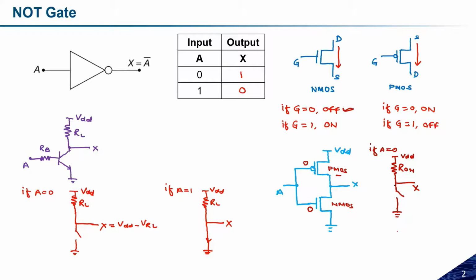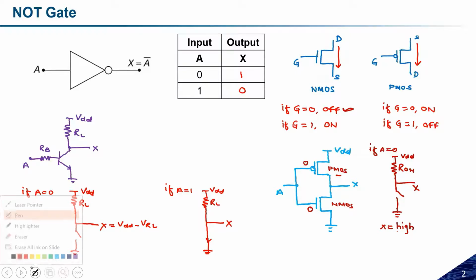There is no path between X and the ground, but there is a path between VDD and X. So VDD will be transferred to X, which means the output X is high. So I have provided A is equal to 0 and I am getting X equal to high logic.